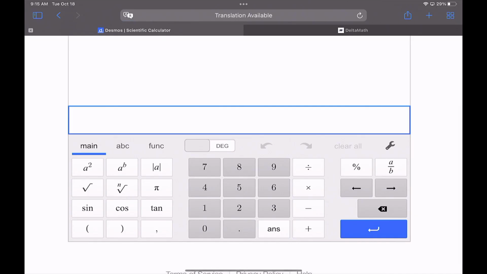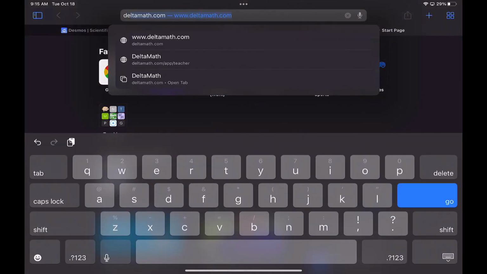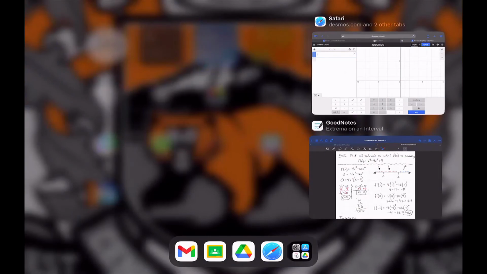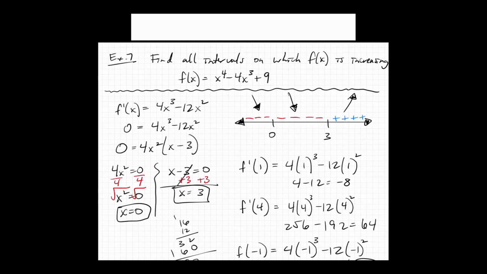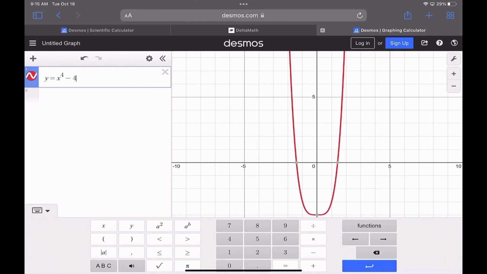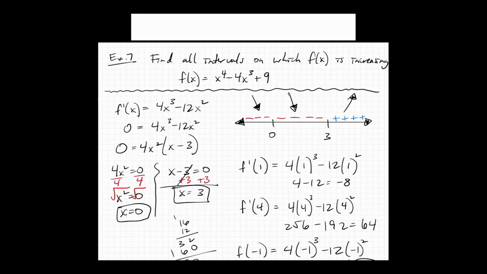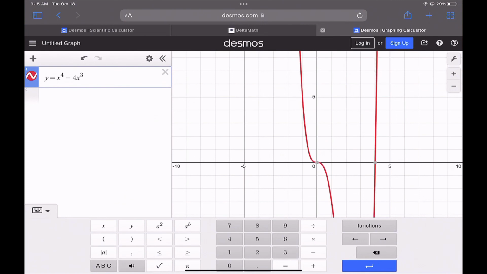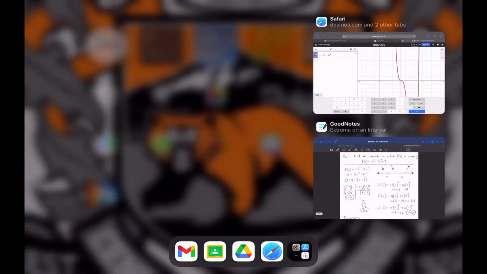The easiest way to check your answer is probably on Desmos, the graphing calculator. For x to the 4th minus 4x cubed, let's see, y equals x to the 4th minus 4x cubed plus 9.